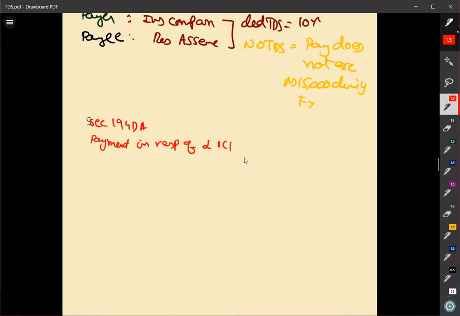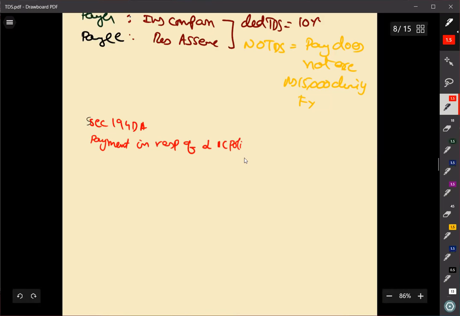Against the life insurance policy, if any amount is paid, means what? You have taken a life insurance policy. The policy is matured. So at the time of maturing the policy, the insurance company will pay you some money. So whenever the insurance company is paying the money to the policy holder, then 194DA comes into play.